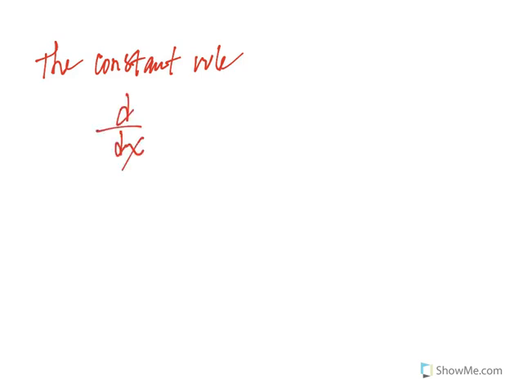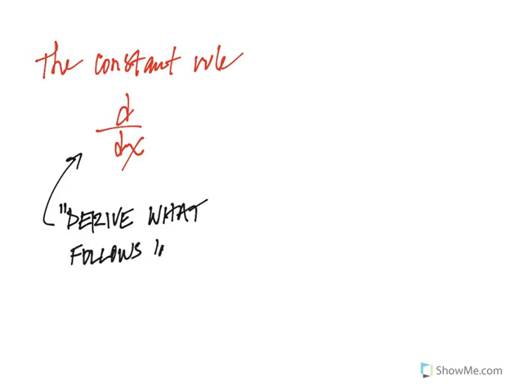All right, so we'll start off with the most basic one, and it is actually the constant rule. And here it is. When you derive with respect to x, and by the way, this is a command, this tells you to derive what follows in terms of x.